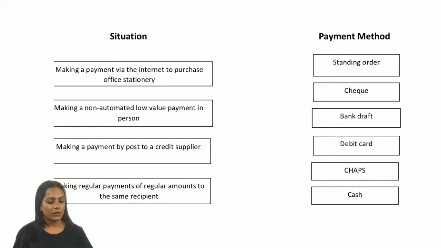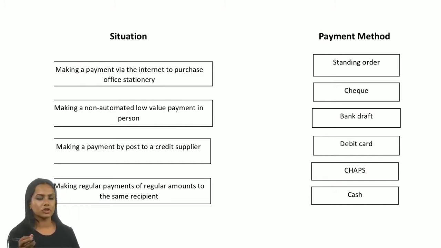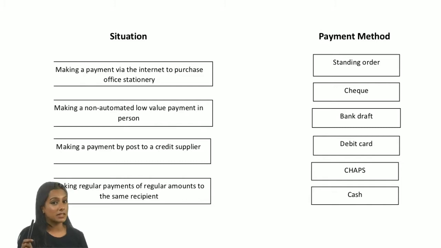Okay, right? So let's go through this one then. I'll go through it little bit by little bit just to make sure that you understand the different types of systems. We've got number 1. Making a payment via the internet to purchase office stationery.